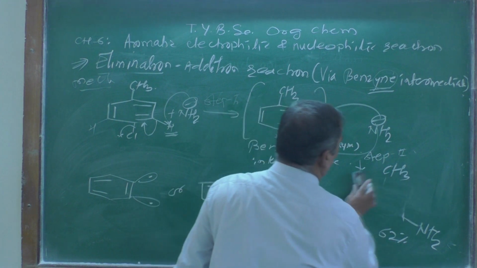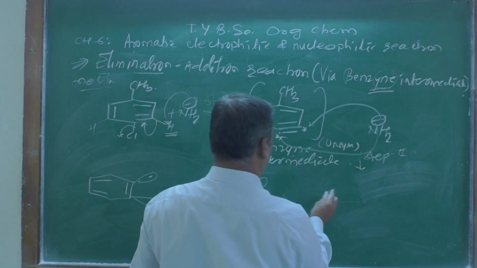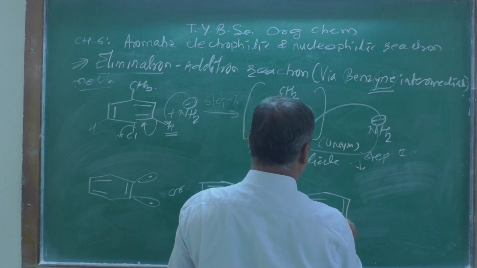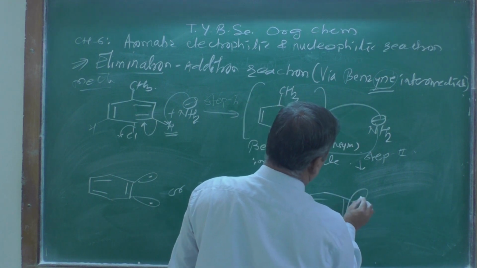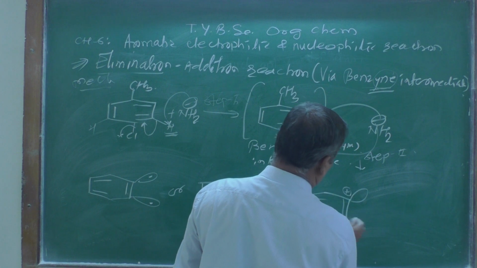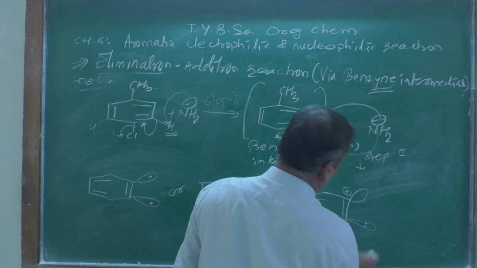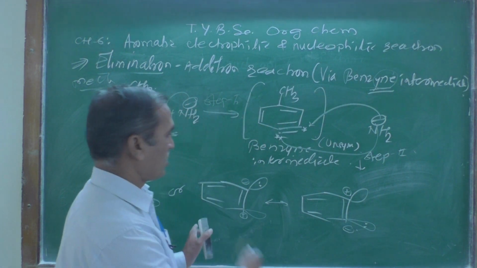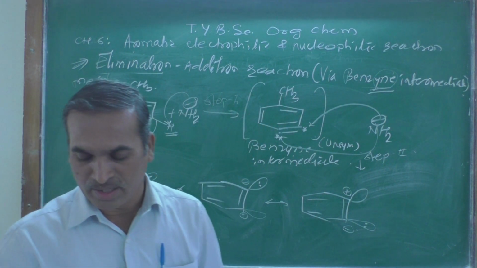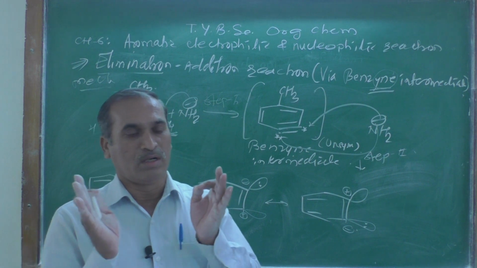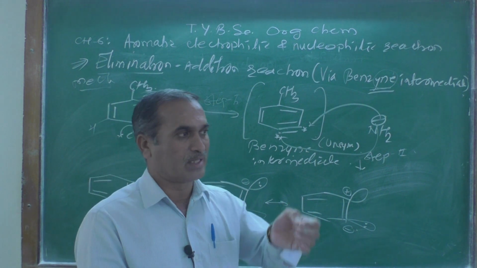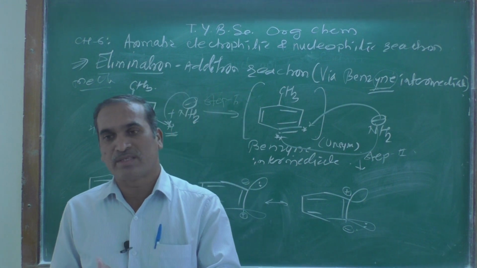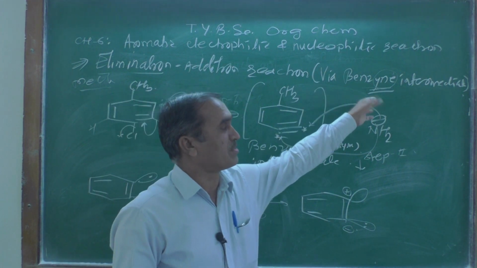We can also show it in another way like this: this double bond over here you can put as vacant, meaning a positive charge over there, and here you can put both electrons, which will be the negative charge. So they are interconvertible. I think with this we have learned what is meant by the elimination addition reaction, and this is known as via benzyne intermediate.